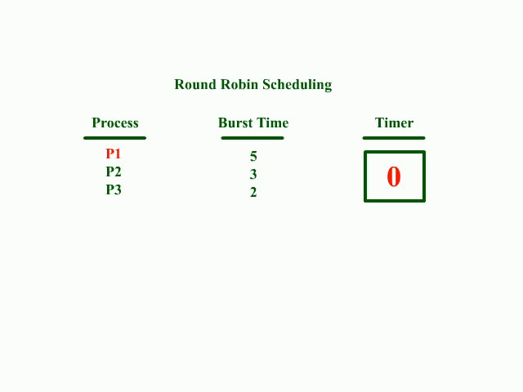The CPU scheduler goes around this queue, allocating the CPU to each process for a time interval of one quantum or one slice. New processes are added to the tail of the queue. The CPU scheduler picks the first process from the queue, sets a timer to interrupt after one quantum or one time slice, and dispatches the process.